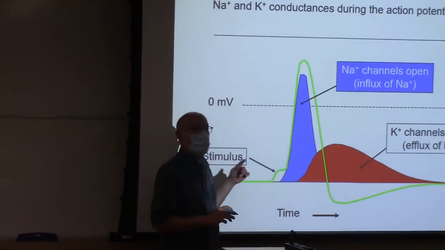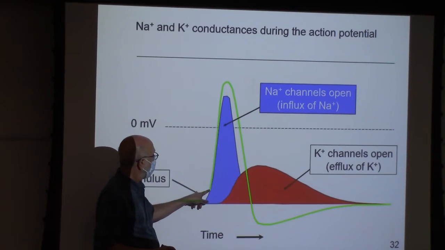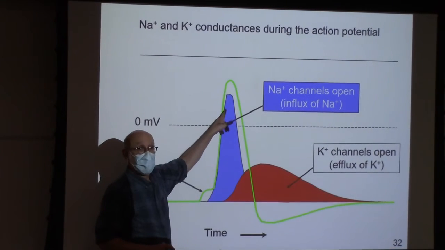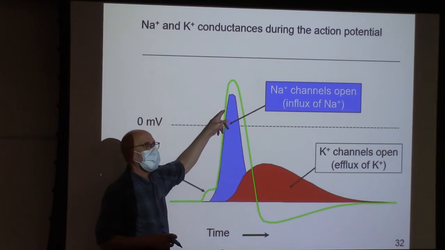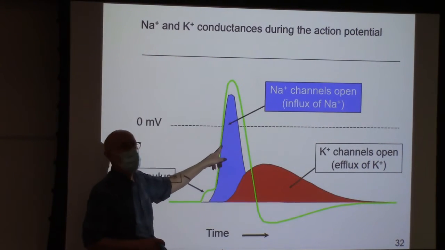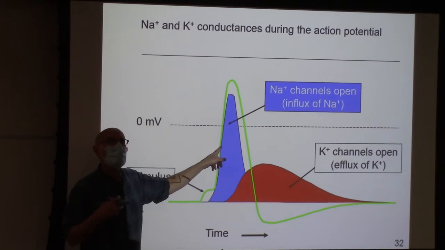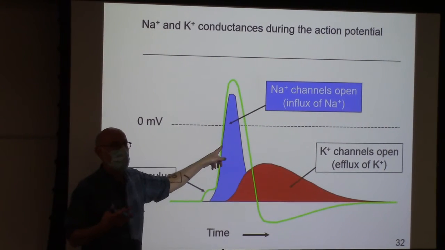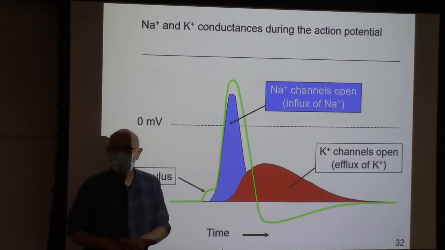Okay, so now remember from self-phys, what triggered this rapid, very fast depolarization? Or maybe, before triggering, what is responsible for this rapid depolarization? What's the name of that thing that's responsible for this part of the action potential? Sodium influx. Sodium influx through voltage-gated sodium channels.